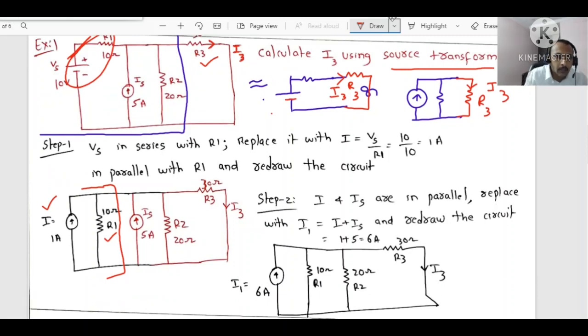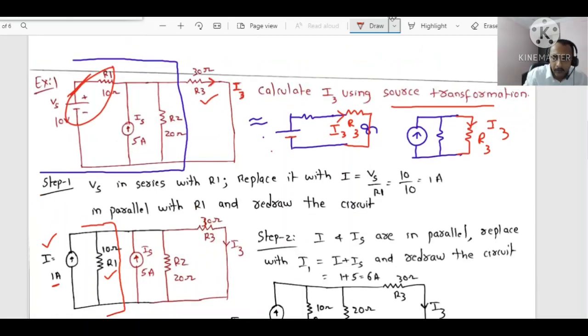Now the question arises, what should be the value of the current? How did this 1 amp come? The value of the current must be Vs divided by R1, so 1 ampere. That is the reason we have taken I as 1 ampere. Please don't change the resistor value.